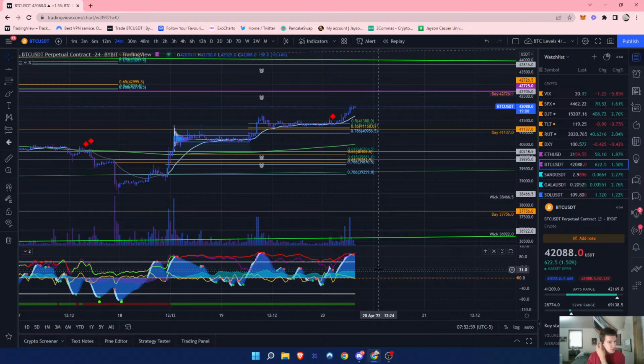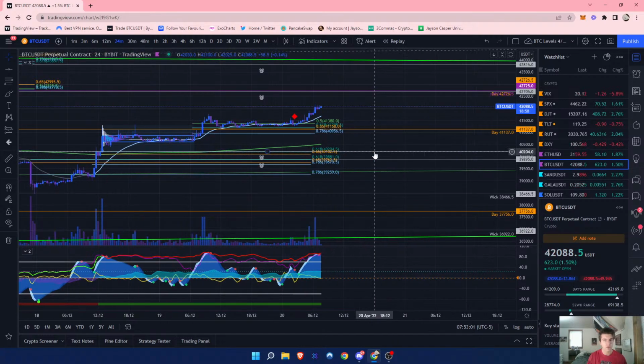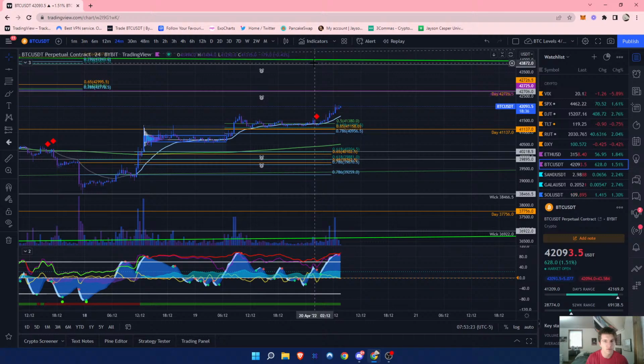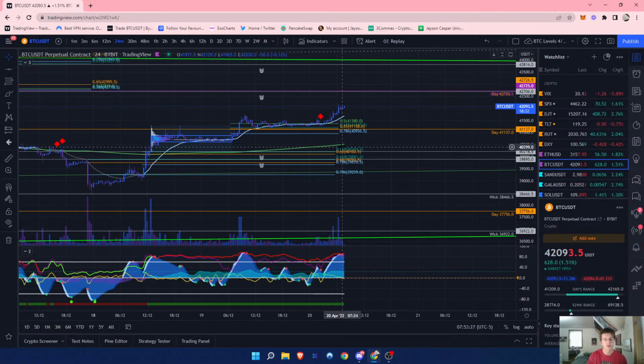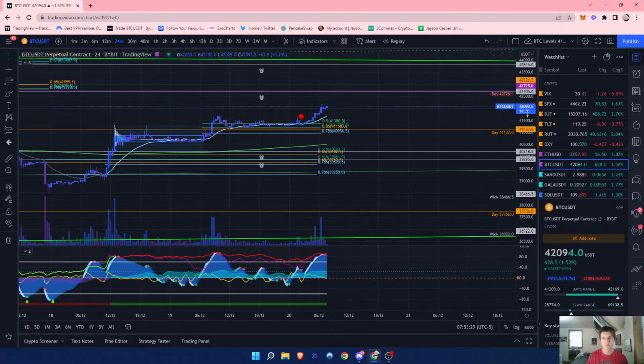And with this too, just a side note, I don't really look too much at what my take profits are. That's more of a thing when I see the confirmation and a possible rejection at that level. Confirmation meaning I'm seeing divergences in money flow moving in the direction I want. I will look for a position and then I'll adjust my take profits as necessary when planning out that trade.